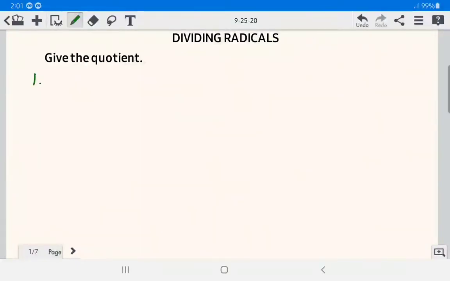Number 1, let's say we have the square root of 25 divided by the square root of 5. Okay, let us rewrite this. We have the square root of 25 over the square root of 5.